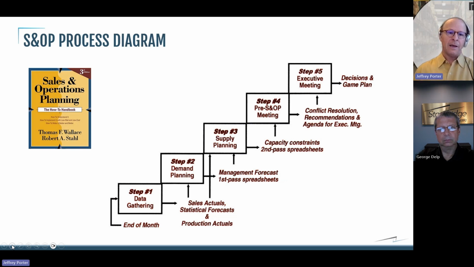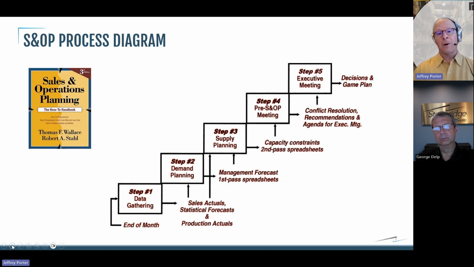Oftentimes in the supply planning, if we're in a manufacturing arena, maybe we have capacity constraints. This is where we begin evaluating, do we have the capacity to meet all of these requirements? By the way, when we begin looking at the supply planning phase, oftentimes we're looking out at a longer term horizon, meaning we have our immediate production plan for the next week, the next month, the next 2 months, but really addressing capacity related issues in a lot of cases, either supply and or manufacturing, we have to begin looking out 6 months, 9 months, or a year out in the process.